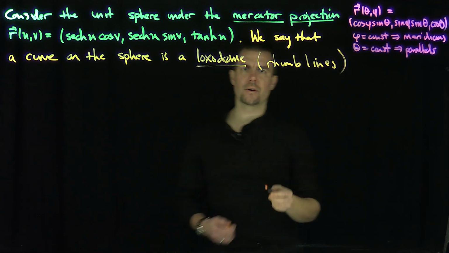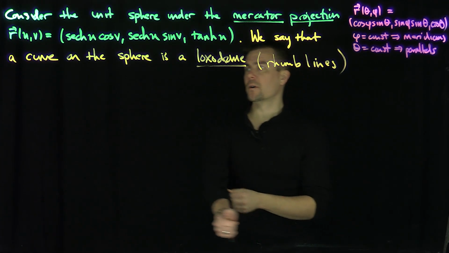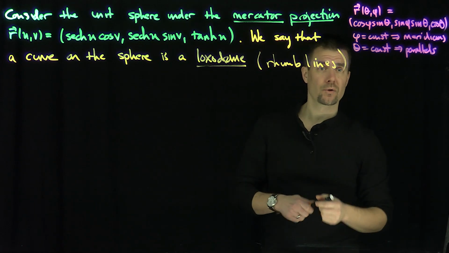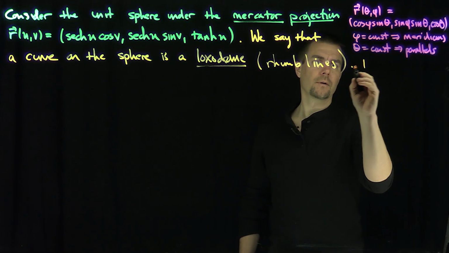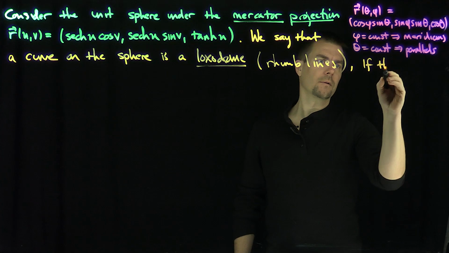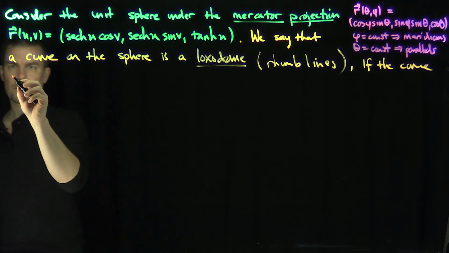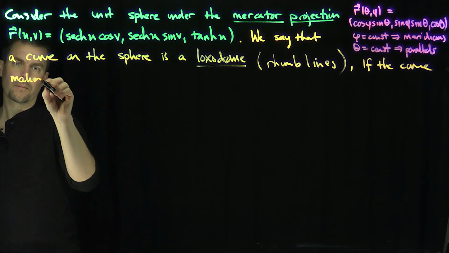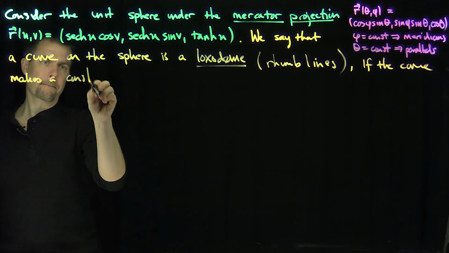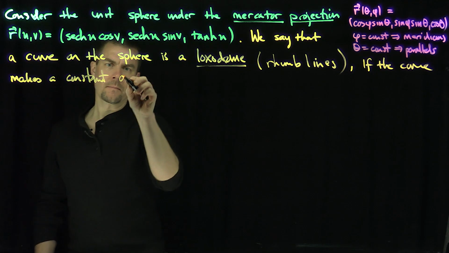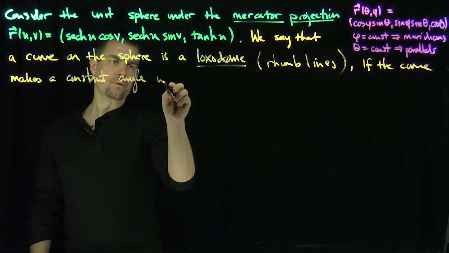That's from aviation theory, right? If the curve makes a constant angle with respect to a meridian, right? So if the curve makes a constant angle with respect to meridians.